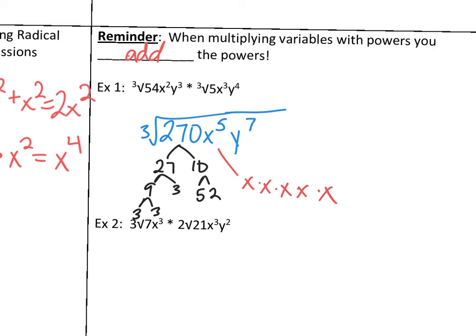How many y's? 7. You don't have to write these out every time. You just know that 7 divided by 3 is 2 with a remainder of 1. But if you want to write it out, it works. Looking for groups of 3, it looks like I've got a group of the number 3.